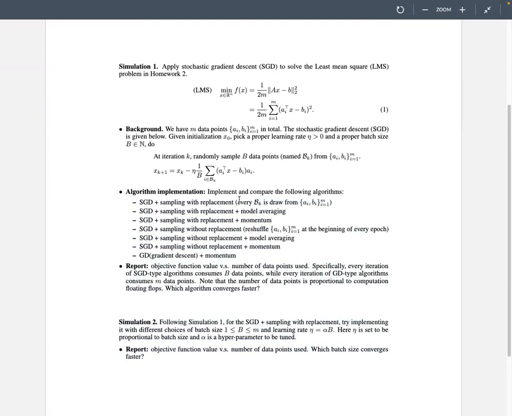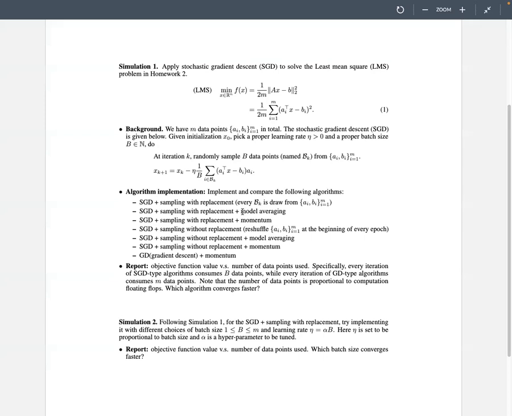The first one is that every time we draw a mini batch of samples, either 16 or 32; you can define your own batch size. The second one is to do model averaging: once you generate that sequence of iterations, at every time t you consider the average of all the history xt's.